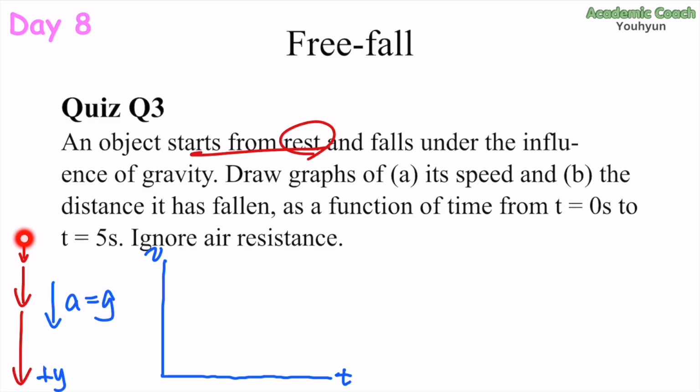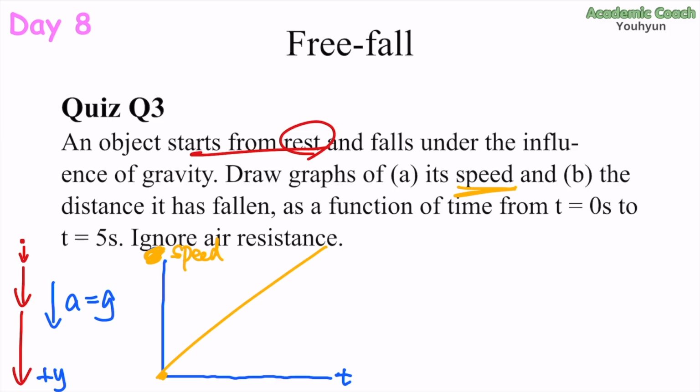And initially it starts from zero. That means when t is equal to zero, velocity is zero. This graph starts at 0, 0. So this is how this graph looks. It's a linear line with positive slope. And since speed is just the magnitude of velocity, I can replace that y-axis with speed and the graph looks exactly the same.